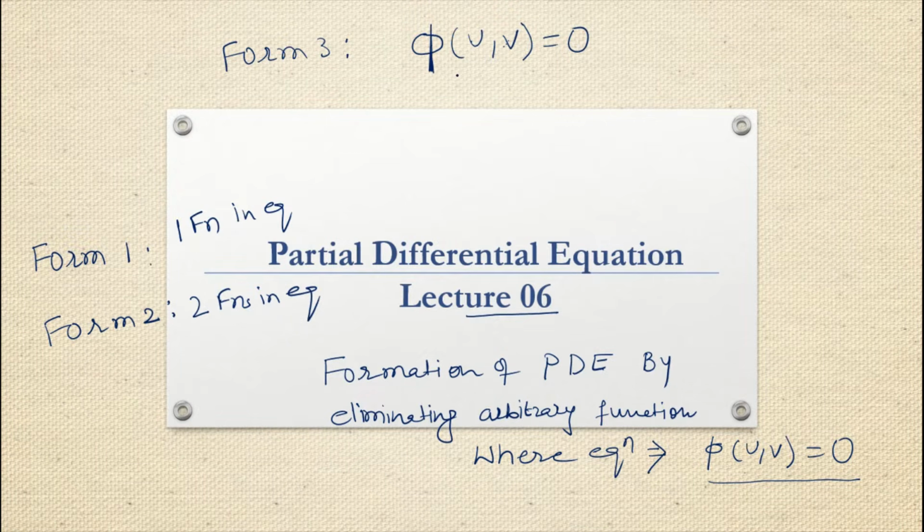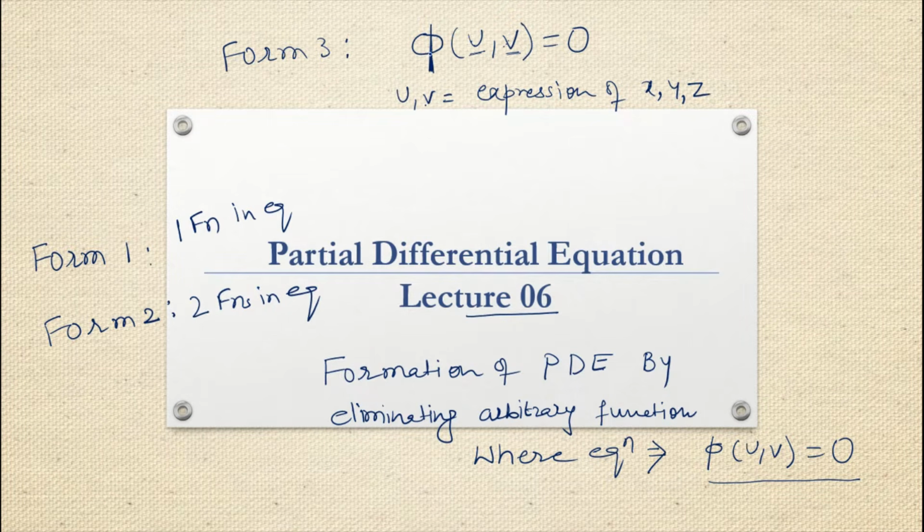In your question paper they will not give you u and v like this; for simplicity we have just given the names u and v. Basically u and v will be expressions of x, y, z, anything. So u and v are functions of x, y, z.